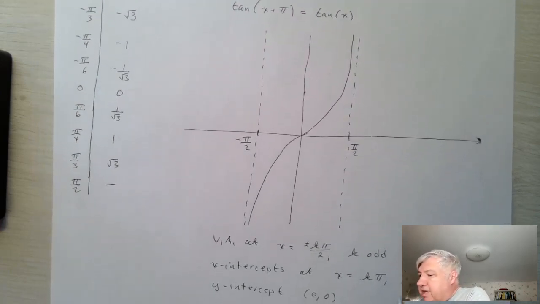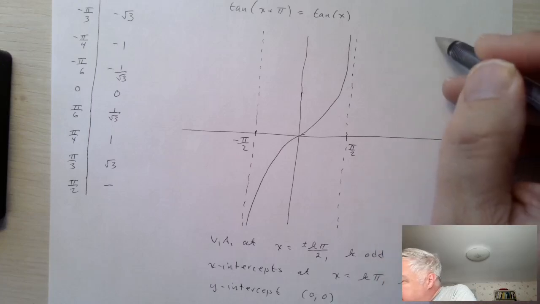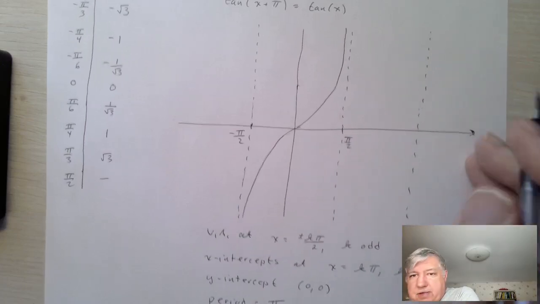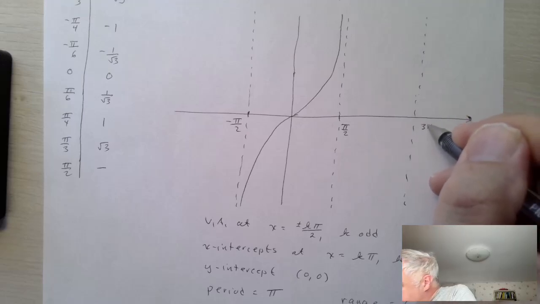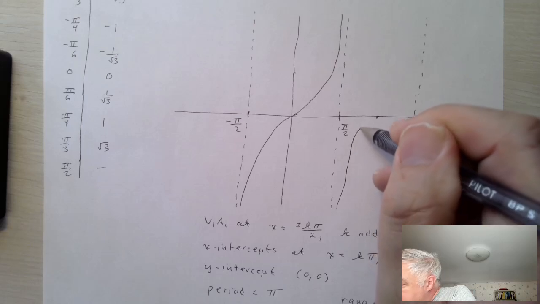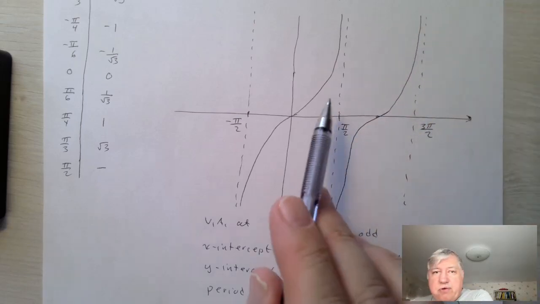Now, this actually repeats every pi units. So we'll have another vertical asymptote here, this time at 3 pi over 2, and the graph will look basically the same as it did in the previous zone.